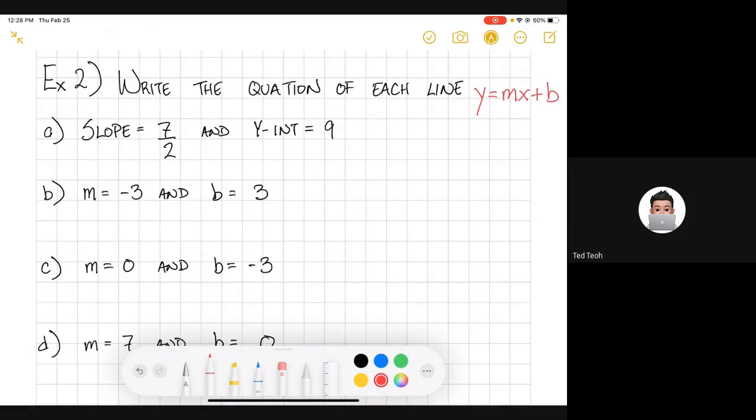So in this question, they're telling me the slope is 7 over 2 and the y-intercept is 9. You have to write y equals to get full marks. So I'm going to write y equals, I know the slope is 7 over 2, so m is 7 over 2. I'm going to write x. That's just part of the equation.